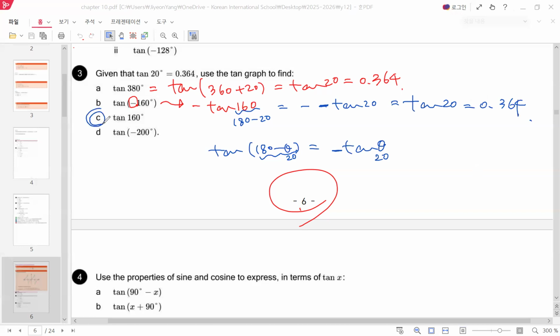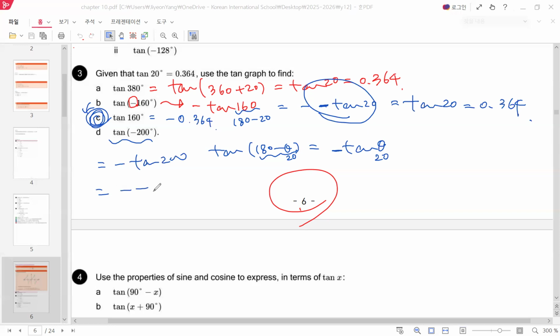And question C is very easy because it's going to be just this part, right? So negative 0.364. Firstly, please move the negative sign to the outside. So now minus tangent 200 first.